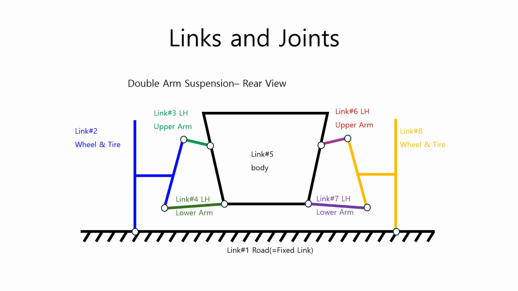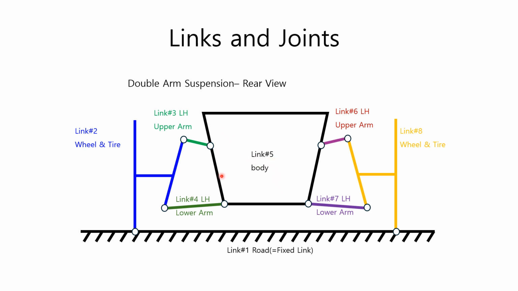Let's take a look at the links and joints used in kinematics. The figure here shows the links and joints of a vehicle viewed from behind. First, the road surface is represented by a fixed link, which is the non-moving link. It is link 1 in the figure. The entire sprung mass is represented by link 5.